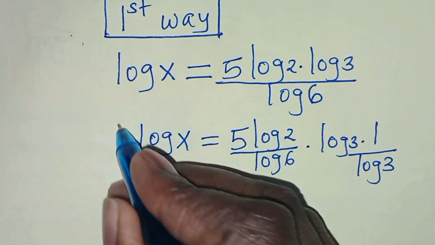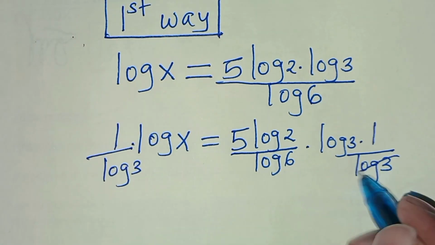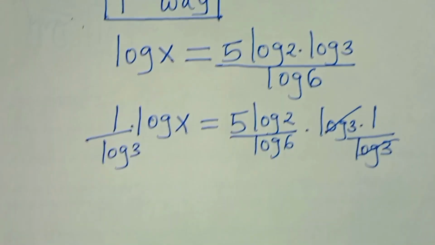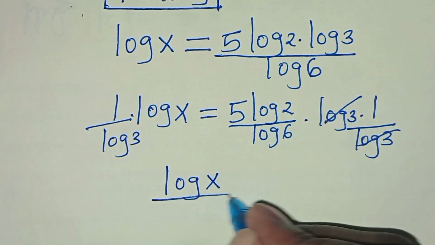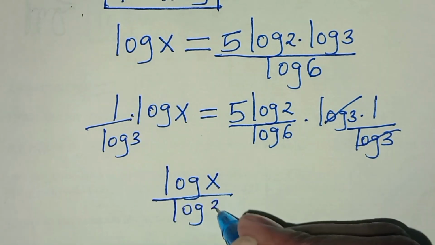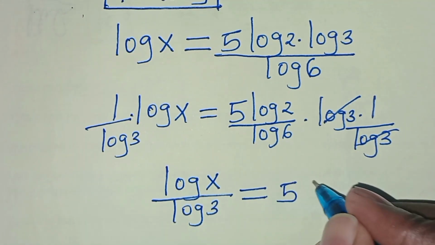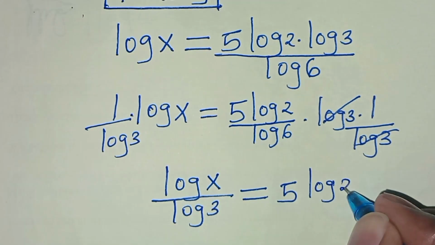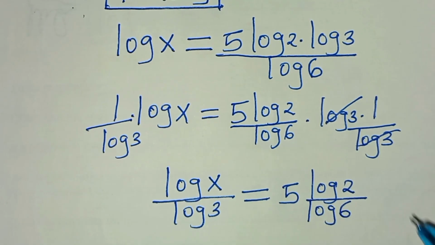So log 3 and log 3 simplifies here. So that now here we have log x over log 3. This is equal to 5 log 2 divided by log 6.